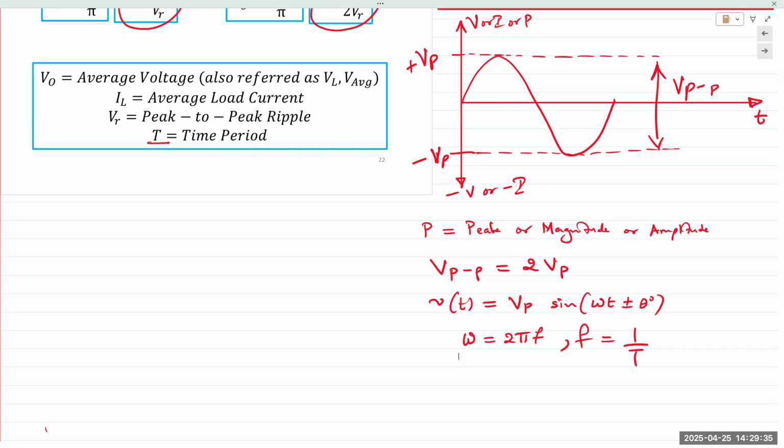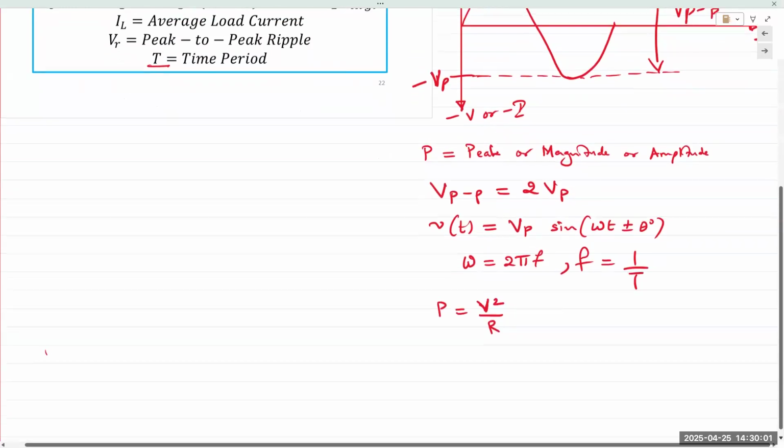Does that make sense? And that's where the value comes from. Because power is the square of the voltage. P is equal to V squared over R. E is equal to V squared over R. Okay, so voltage squared.